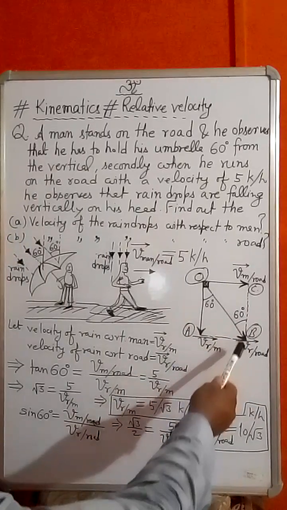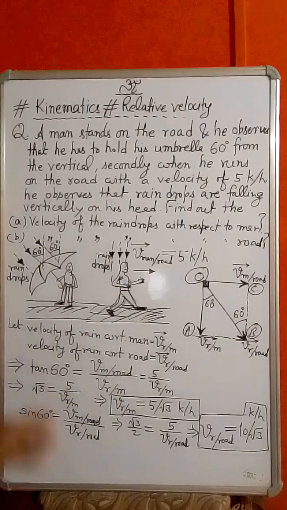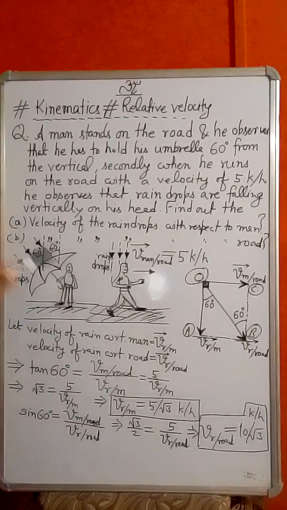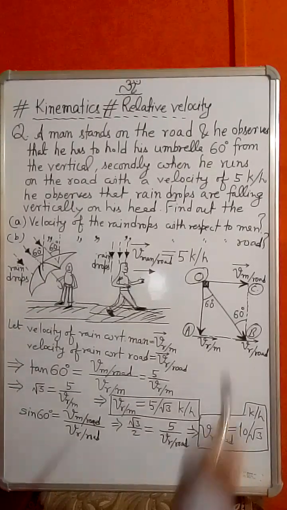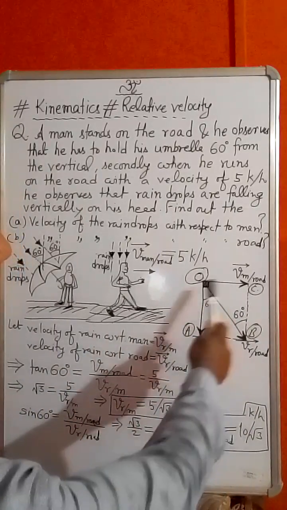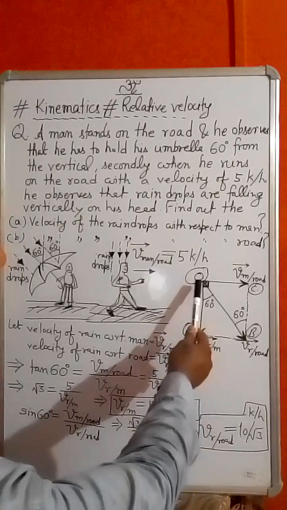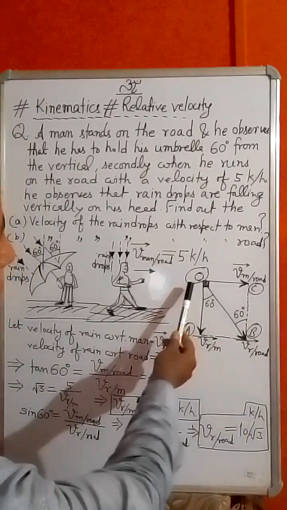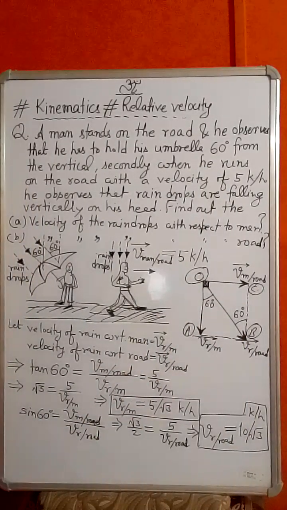It has been given by the problem, because the person has to hold the umbrella at an angle of 60 degree from the vertical to protect himself from the rain. So this angle will automatically be 60 degree because this is a parallelogram. OA is parallel and equal to CB, and similarly OC is parallel and equal to AB, right?